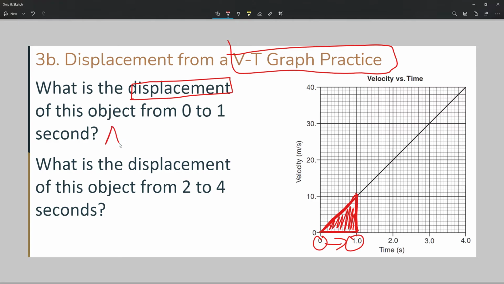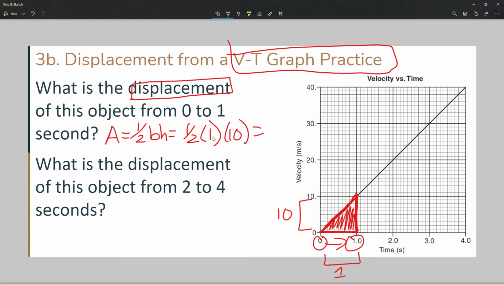The area of a triangle is 1/2 base times height. My base is 1 and my height is 10. So 1/2 times 1 times 10, we get 5 meters.